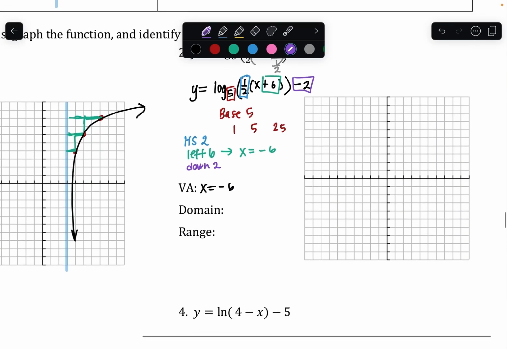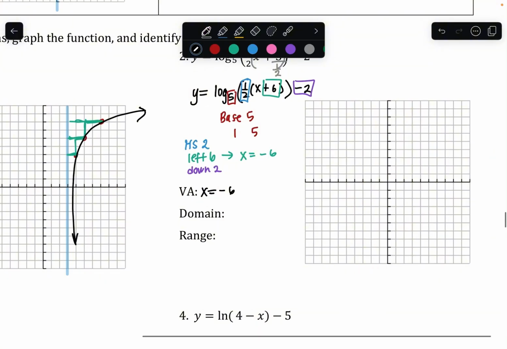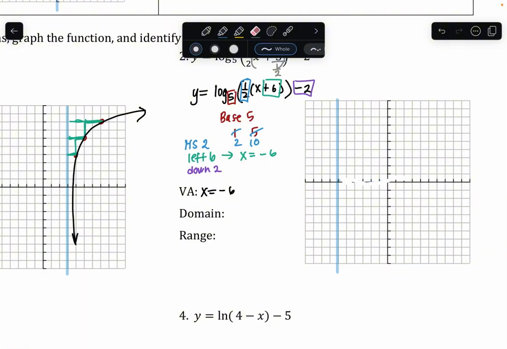Okay, and so the horizontal stretch by 2 is going to change my 1, 5 pattern to a 2, 10 pattern. Okay, so when I make my graph, start with your vertical asymptote at x equals -6. And then if nothing else happened but that left 6, I would have a 1 away point, and then I would have a 5 away point.